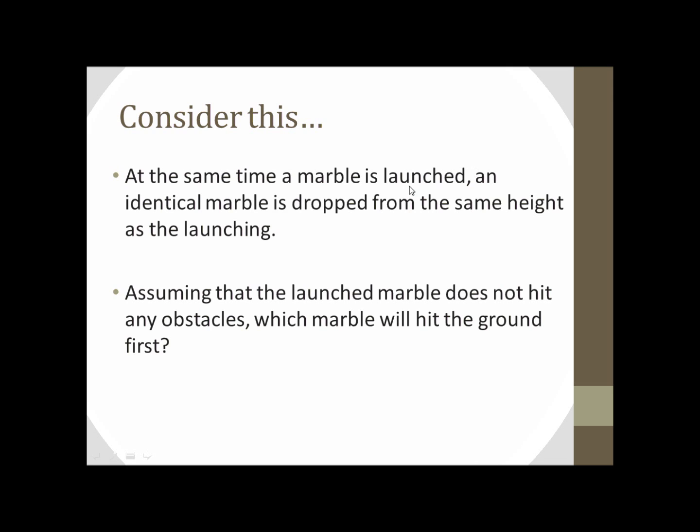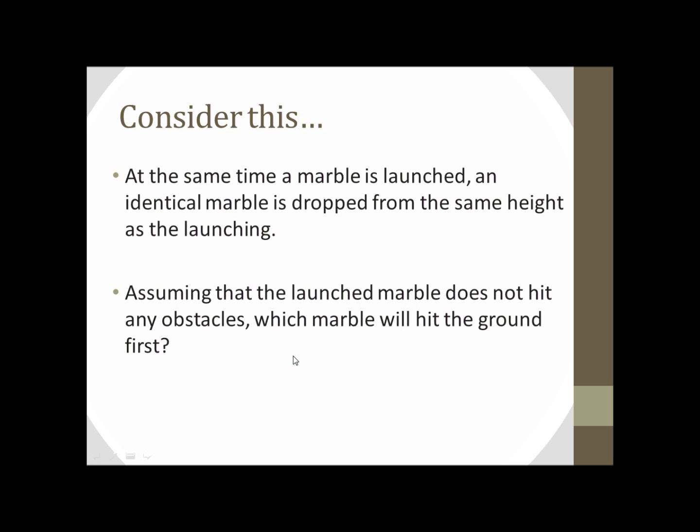So would it be the horizontally launched one or the dropped one? Well, the answer is both would hit the ground at the same time. And the reason why is because if it's launched horizontally, gravity is still affecting it exactly as if it's dropped, because that horizontal side is independent of the vertical side.